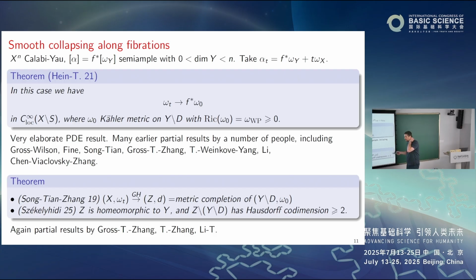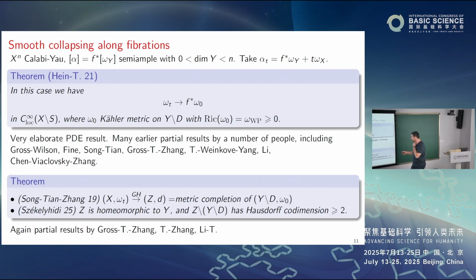Yeah, very weak, that's the point. So the estimates here blow up very fast. Not optimal at all in general, because the structure of S is kind of arbitrary, so there can be any possible singular fibers. But still, you can prove a much weaker estimate, which is enough to get this Gromov-Hausdorff limit.